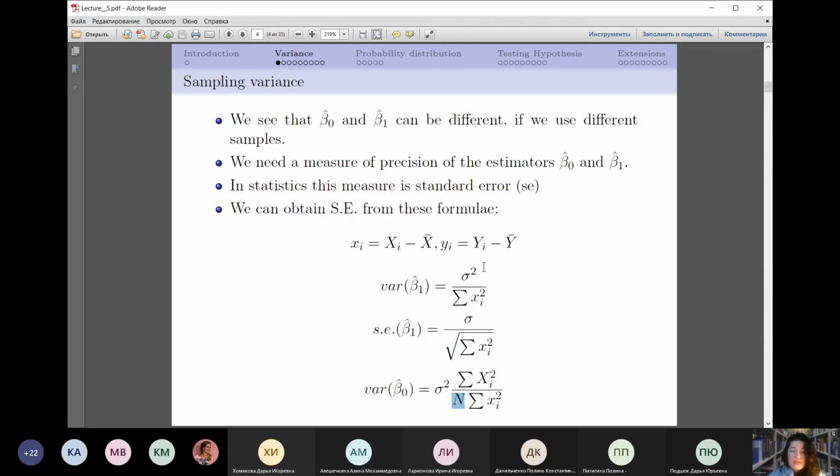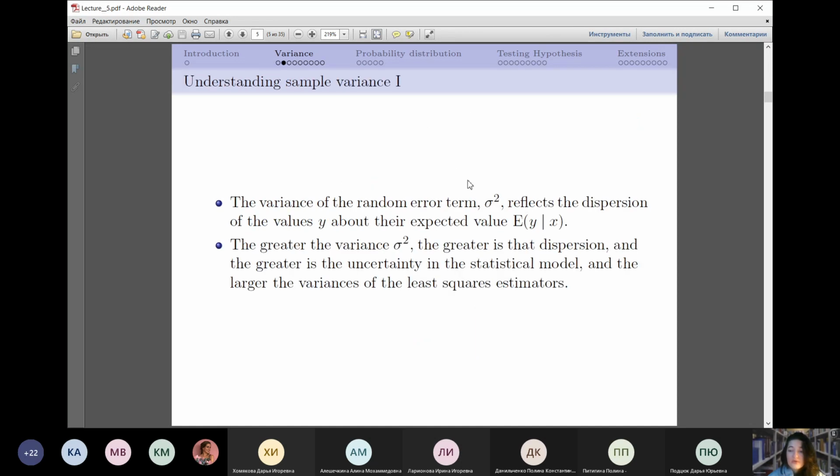And if we want to obtain precise coefficients, we need to understand which terms influence our variance. So let's start with the first term, the variance of our error term. How can it influence our result?